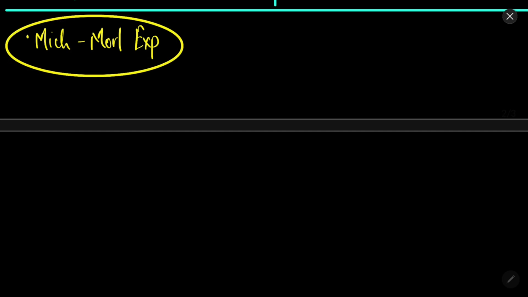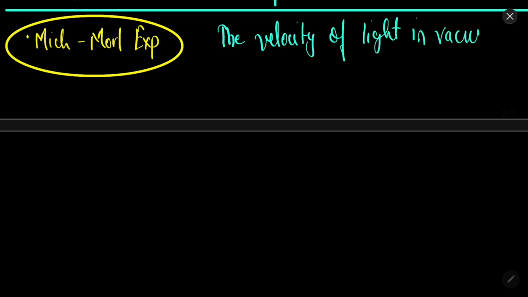Michelson-Morley did an experiment in the late 1800s in which they were trying to find the velocity of light or speed of light, and they found something amazing. What they found is that the speed or velocity of light in vacuum always remained same.